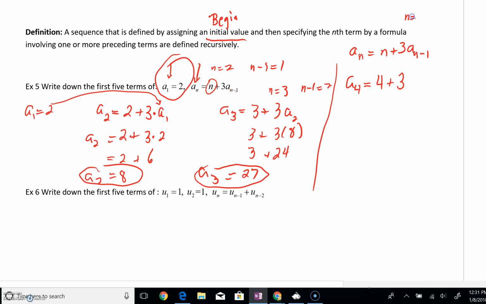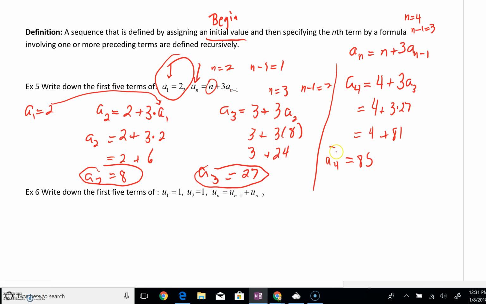Well, if n is equal to 4, we know that n-1 is 3. So that's a sub 3. A sub 3 is 27. We saw that just in the last problem. 3 times 27 is actually 81. 81 plus 4 is 85.